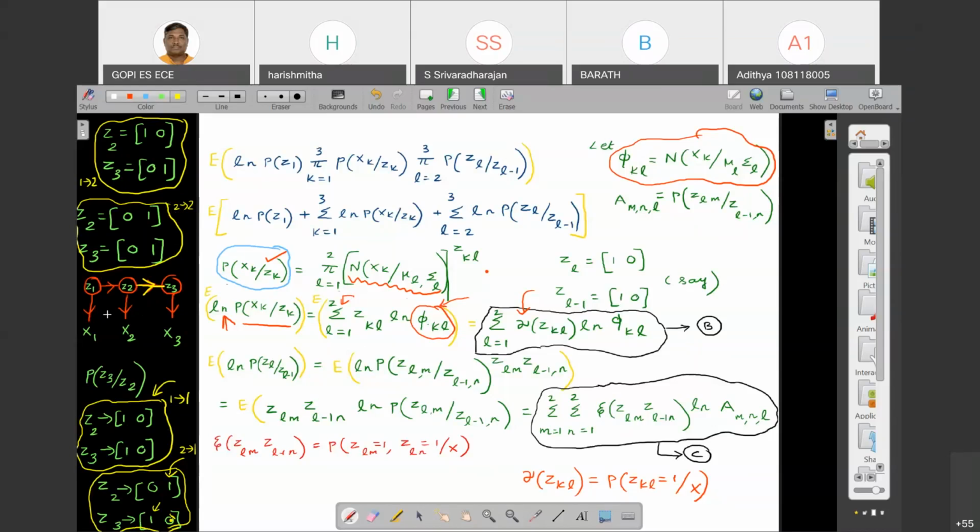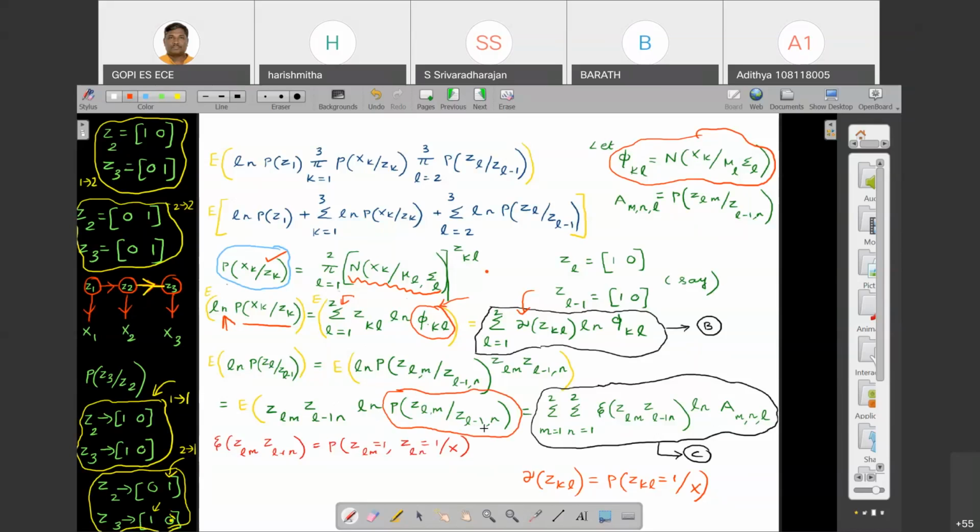We can actually have a transition probability. Basically, the transition probability is, right? So let us say that the transition is happening from where, right? L minus 1th state to Lth state, right? Okay, so this is the transition probability. What I am showing is the transition probability, right?